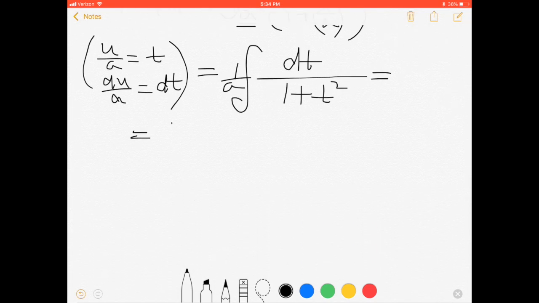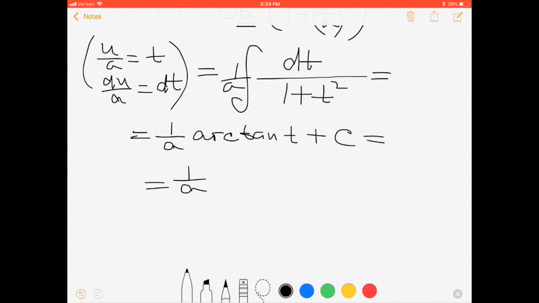This means here we have 1 over a arctangent t plus c, or going back, 1 over a arctan u over a plus c.